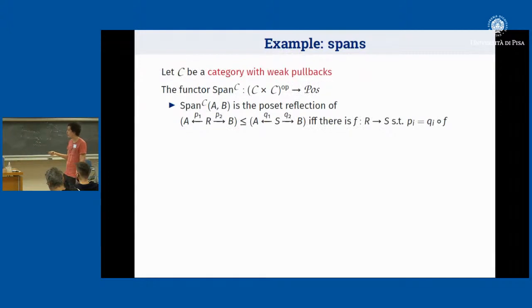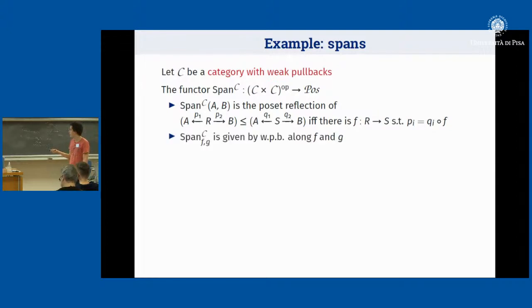Okay, so another example are spans inside a category with weak pullbacks. And so here the order between spans is the usual one. So we say that a span is smaller than another if there exists an arrow between the vertices which makes the two triangles commute.